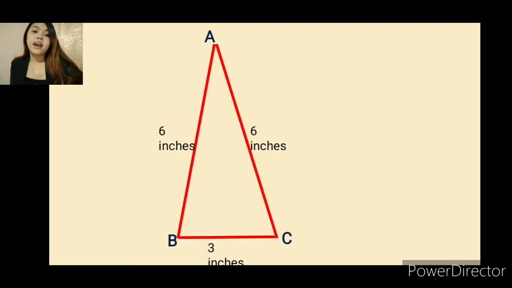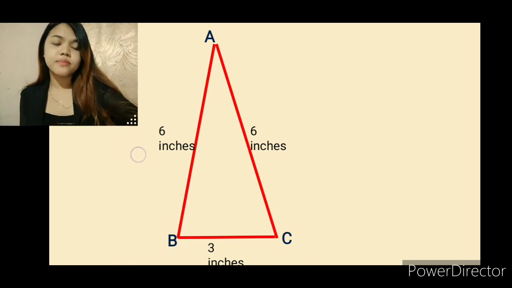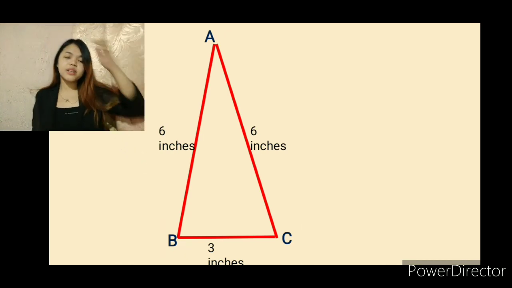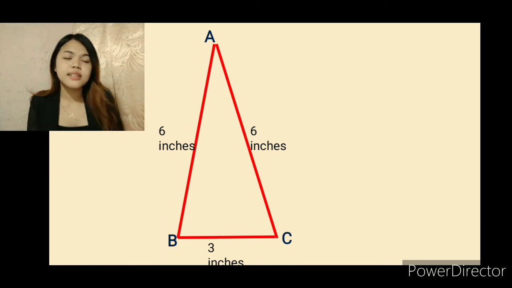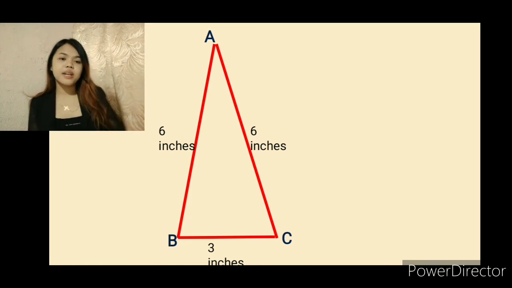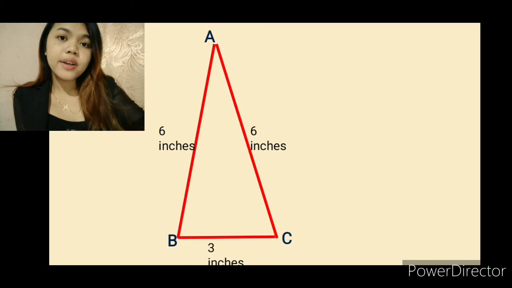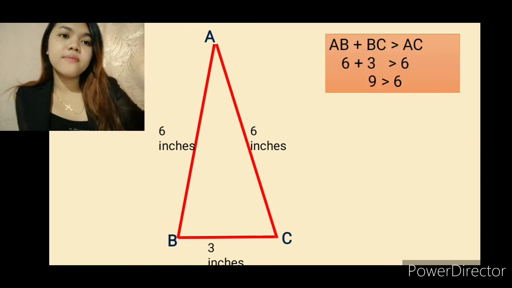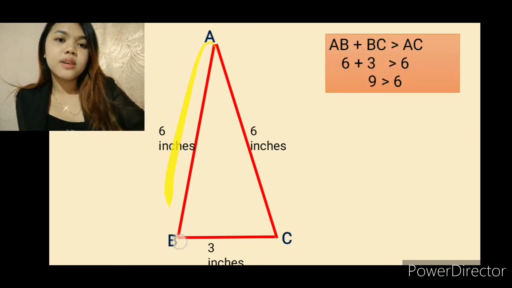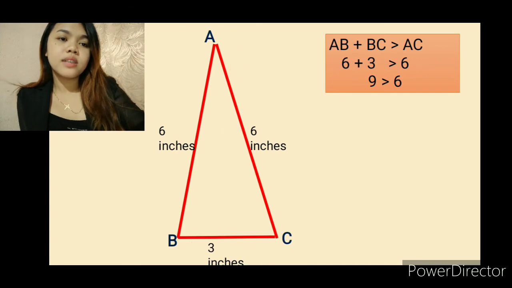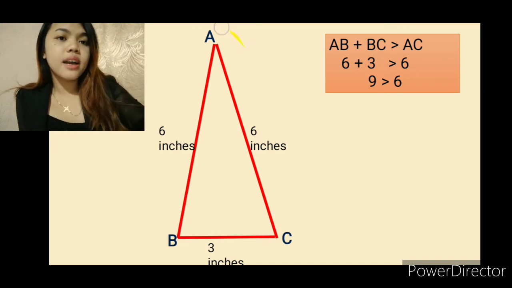So let's have an example for group number 1. Example: a triangle with given lengths 6 inches, 6 inches, and 3 inches. For the triangle inequality theorem, we have AB, which equals 6, plus BC, which equals 3, is greater than AC.